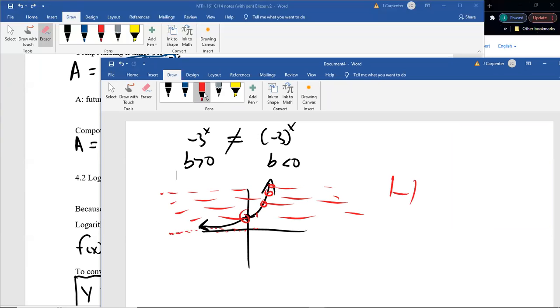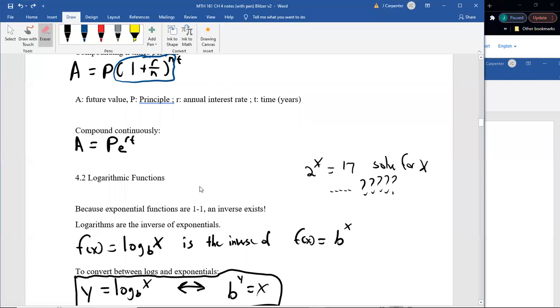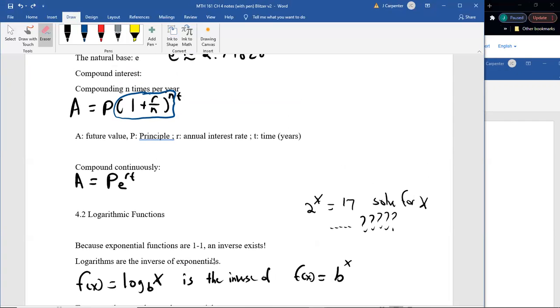That's another topic we're dusting off from chapter 2 that I said would never go away. So exponential functions are one-to-one. So an inverse exists. So the crazy mathematician of the past says, I'm going to call it a log. And they just say, all right, logarithms are the inverse of exponentials.